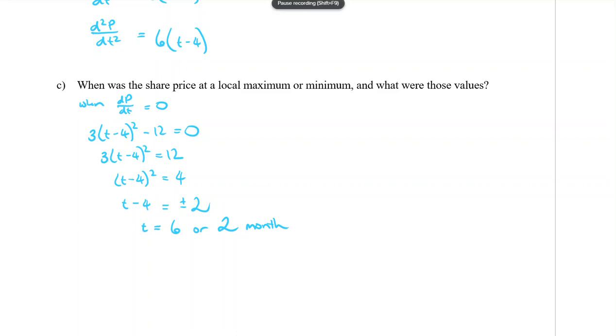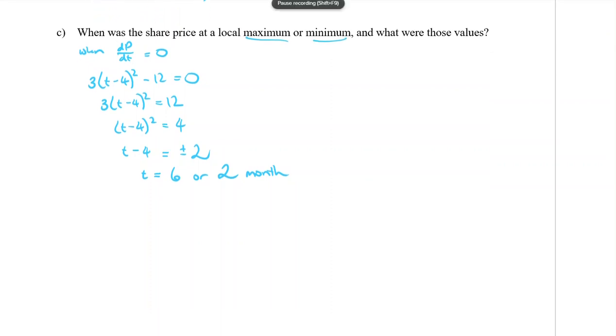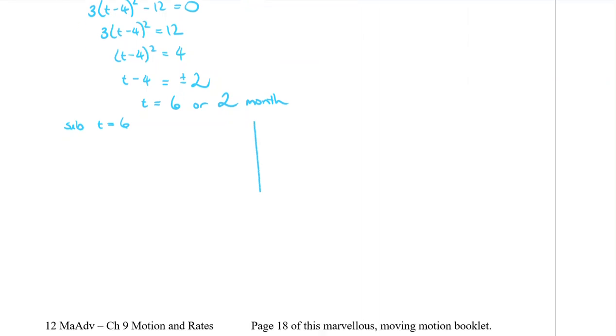Okay, but that's not the end. We also need to know whether those are maximums or minimums, which means I'm going to sub those into the second derivative. So subbing t equals 6 over here, and then I'm going to have a bit of a space, and I'm going to sub t equals 2 on the other side.